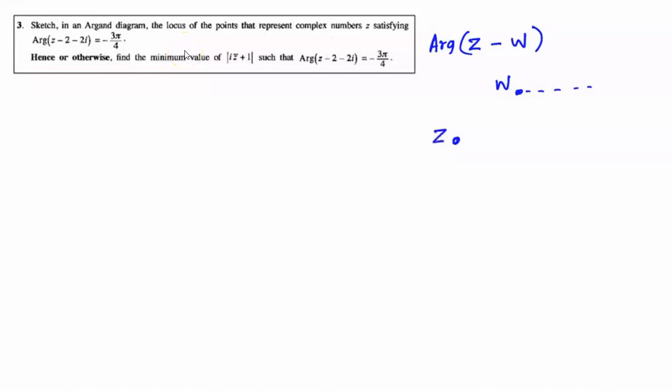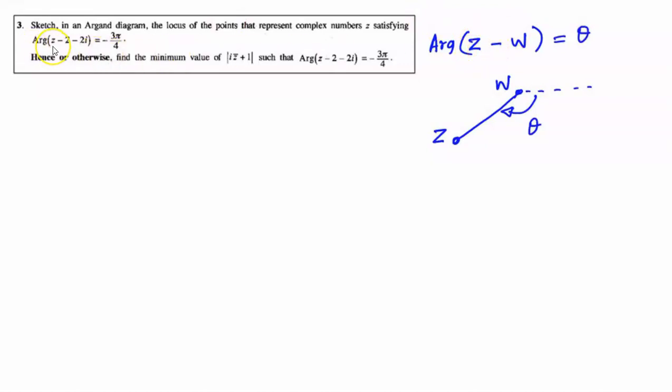For example, if my complex number z is lying here, then that angle from here to this line is the argument between the two complex numbers.